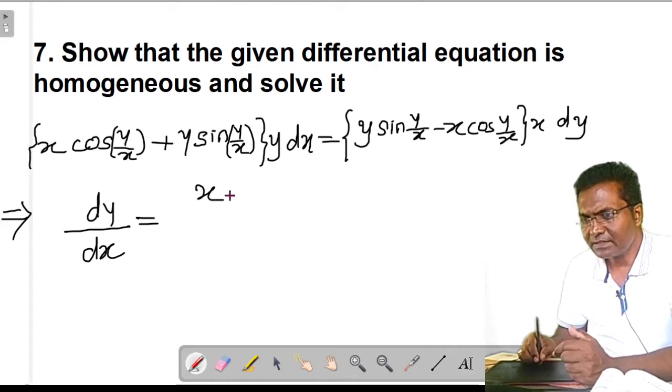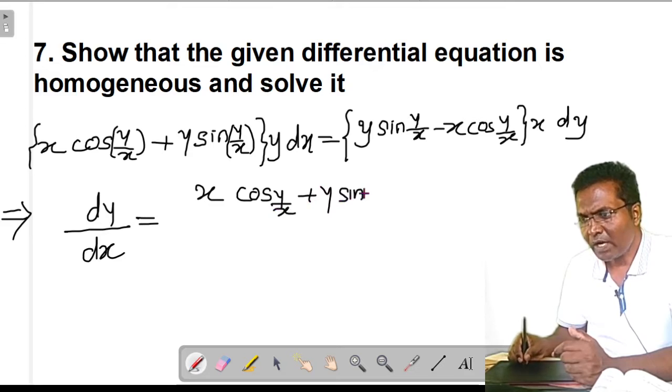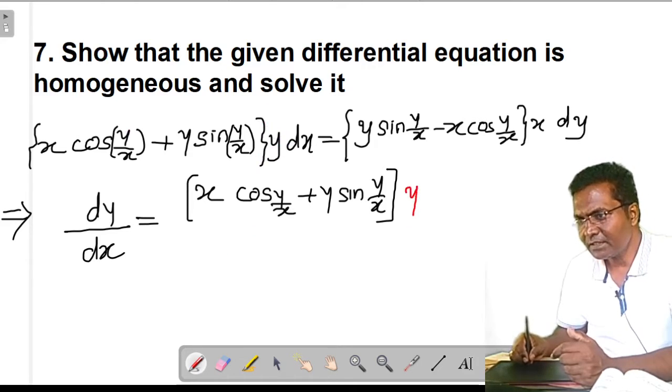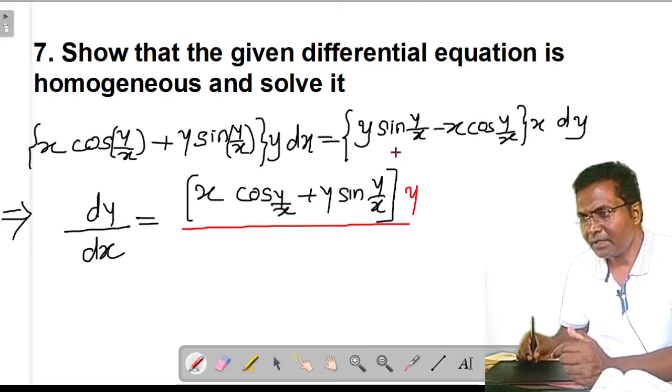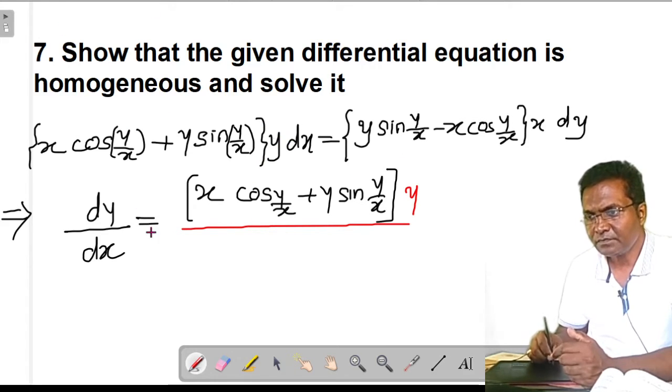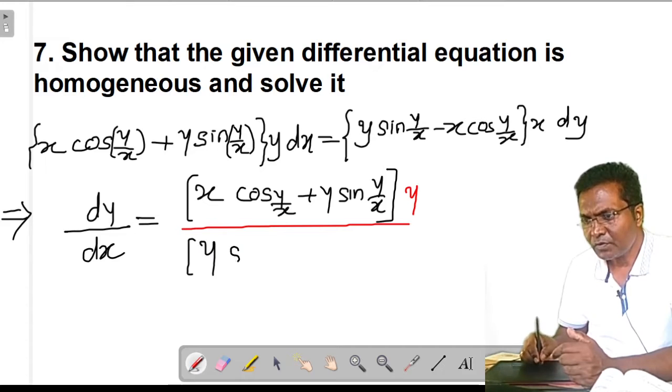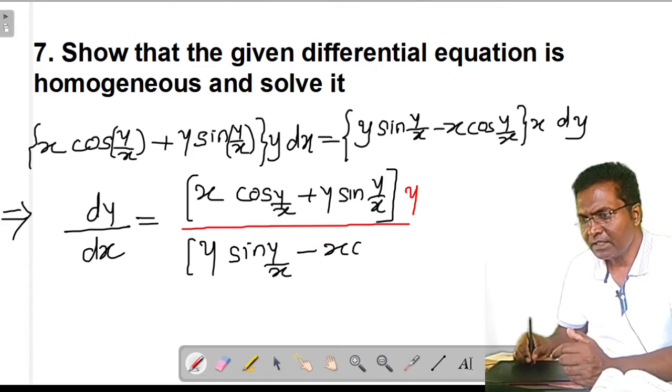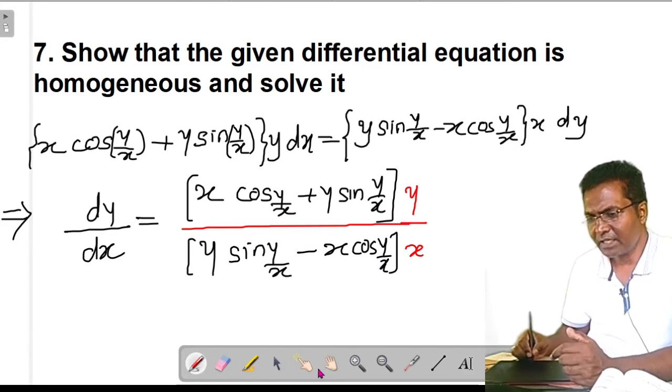So the numerator as it is, x into cos y by x plus y sin y by x, and one y remains. I can write it out here, the whole divided by this. It is y sin y by x minus x cos y by x, and 1 x is this.